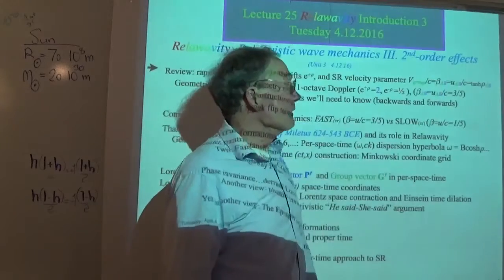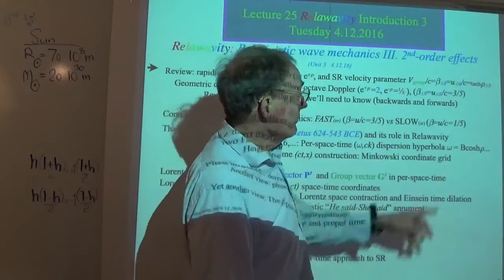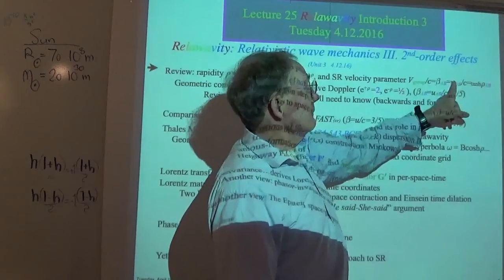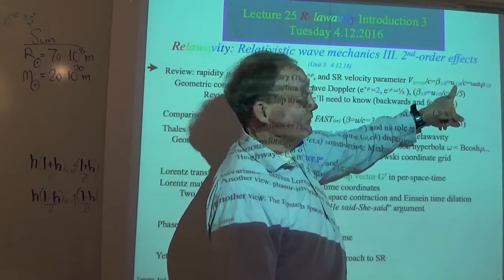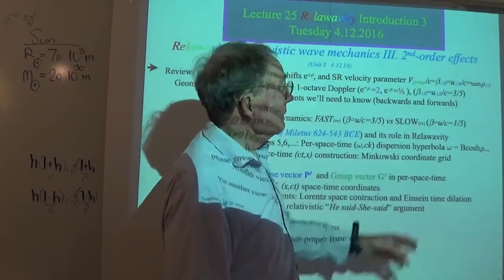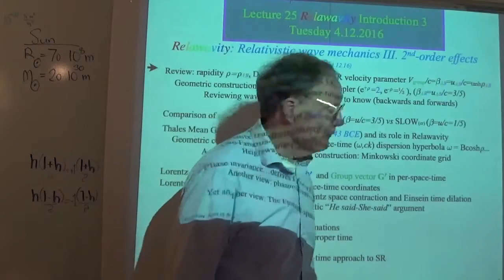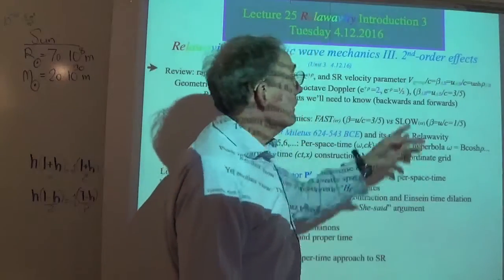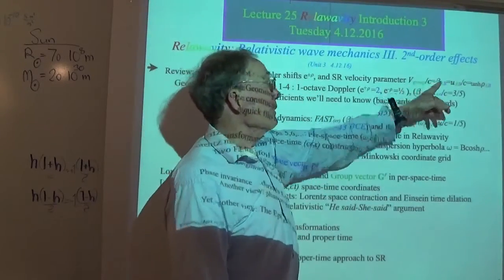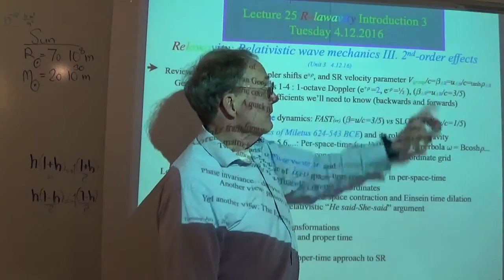Beta is called the relativity parameter, meaning velocity divided by the speed of light. In particular, the velocity of, in this case, Alice relative to Bob, or something like that. And then there's a rapidity that goes with it, and it's a hyperbolic tangent of that that gives this old parameter, and that is the group velocity divided by c as well.